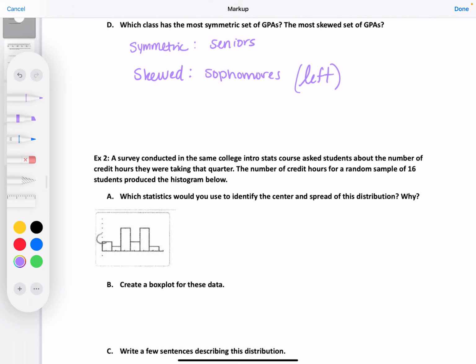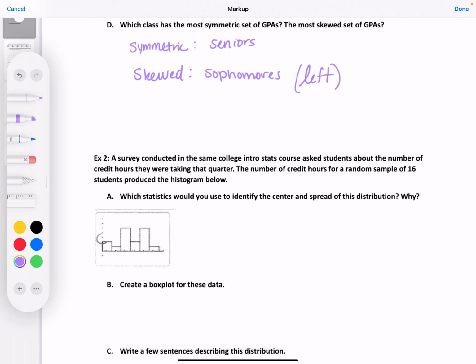All right, so then the next one says, a survey conducted in the same college intro stats course asked students about the number of credit hours they are taking that quarter. The number of credit hours for a random sample of 16 students produced the histogram below. Which statistics would you use to identify the center and spread of this distribution, and why? It's talking about the shape, right? Yep.